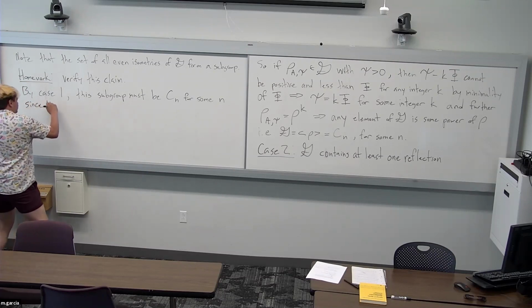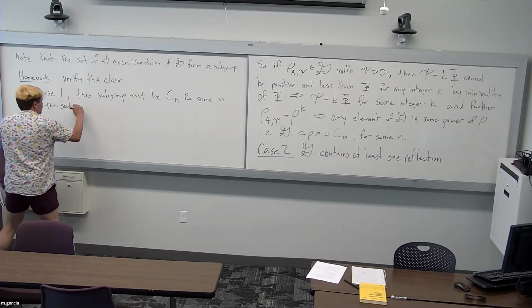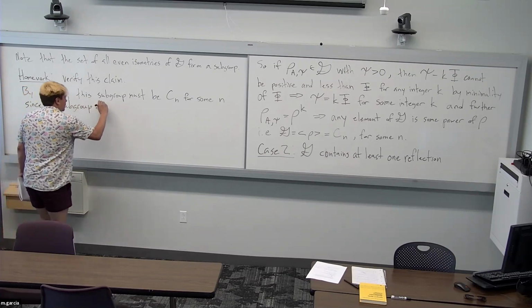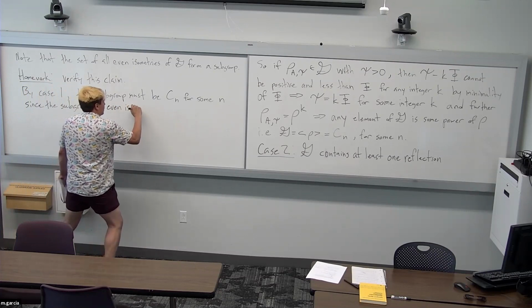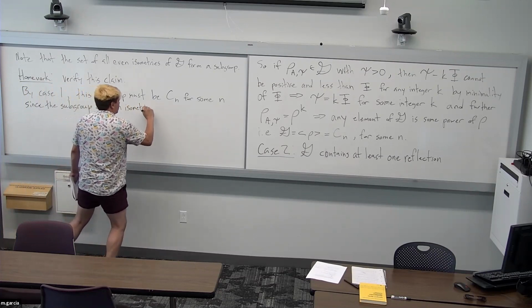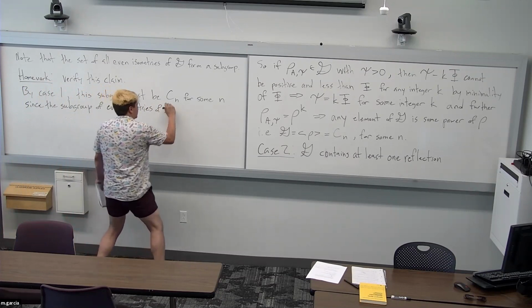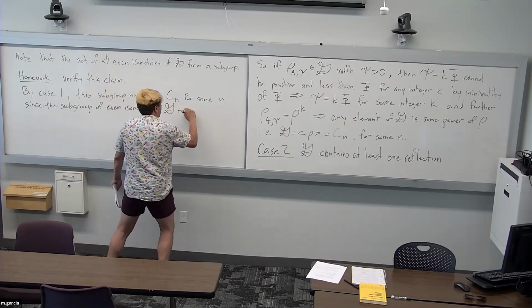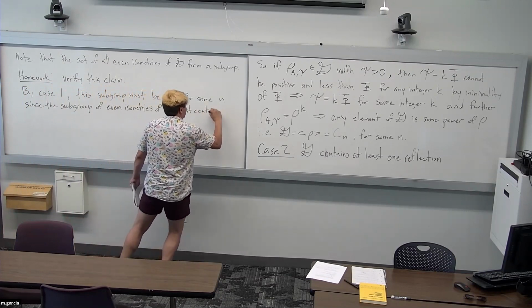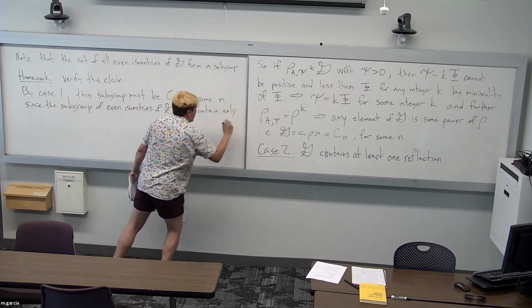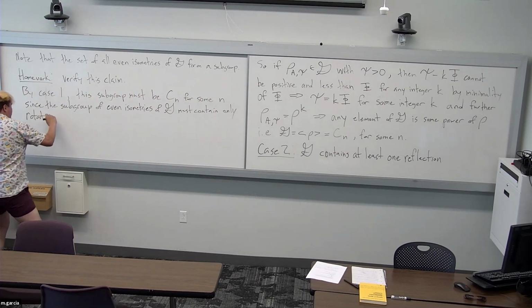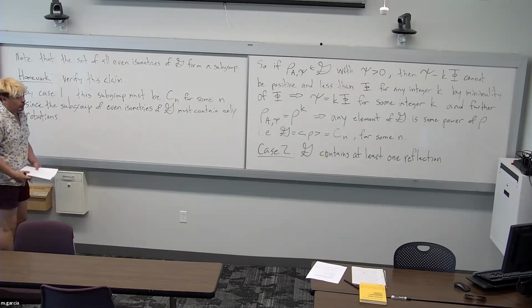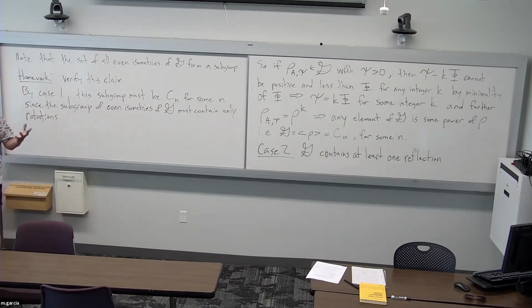Since the subgroup of even isometries of G must contain only rotations. We know it has to be Cn for some n. Okay?